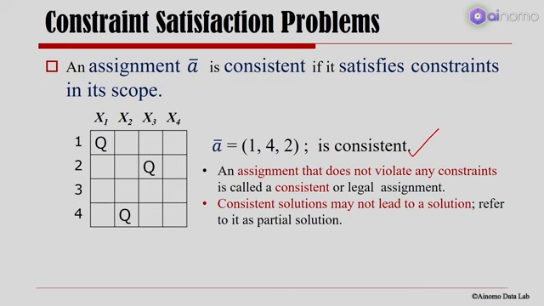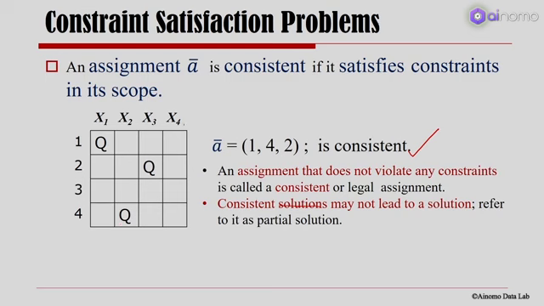Let us look back at this example one more time. We have a queen at this position, which is perfectly okay with the queen at 4 for x2 and the queen at 2 for x3. But when we want to have a queen for the fourth variable, we are unable to have a queen here, we are unable to have a queen at the second location, neither in the third row nor in the fourth row.